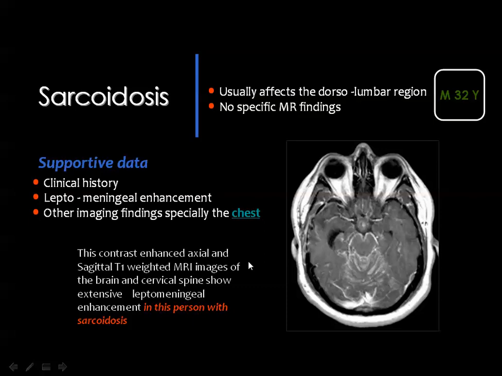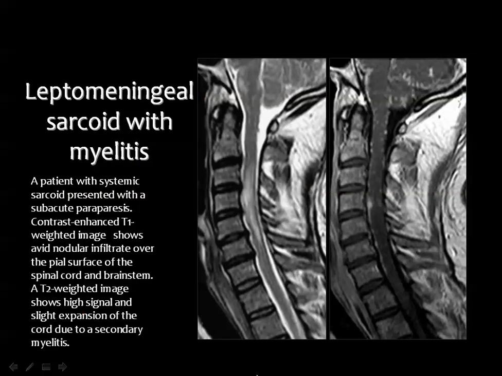You know that sarcoid can affect the bones or the musculoskeletal system, but the main brunt of the disease is usually seen in the chest.